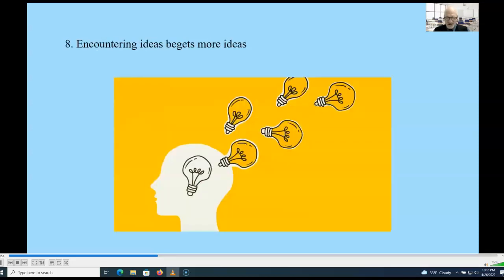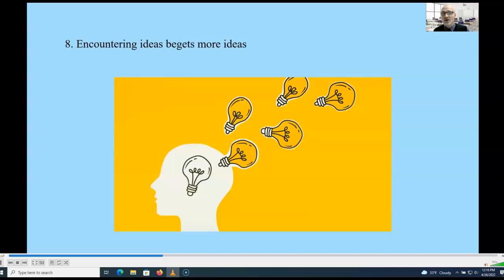And one of the ideas that you will see today reinforced is the idea that encountering ideas begets more ideas. That's an important part of writing and creating. Our brain has been hardwired, it evolves, to associate, to create links. When I hear the word cat, my brain automatically associates.